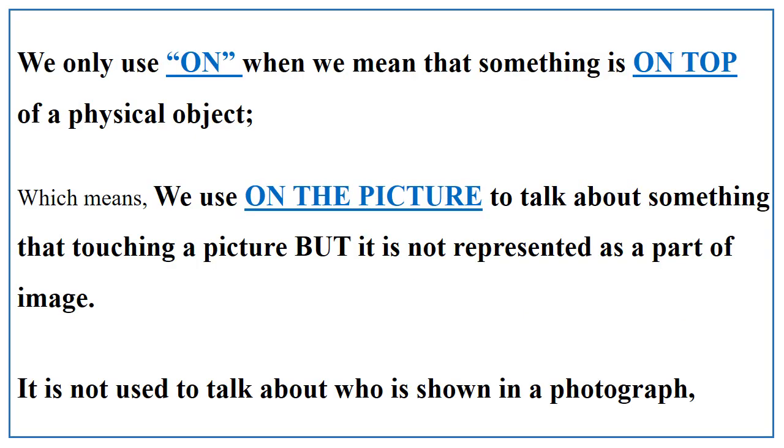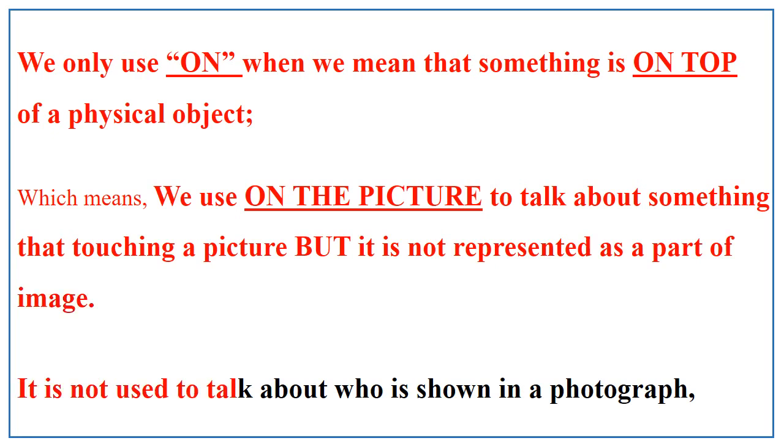Now let's move to the next part of the lesson. We only use on when we mean that something is on top of a physical object, which means we use on the picture to talk about something touching a picture but not represented as a part of the image.